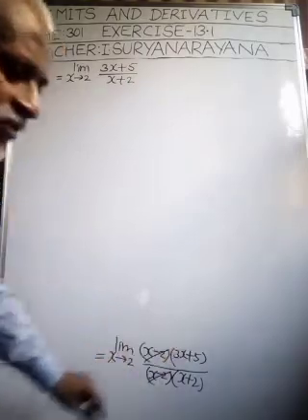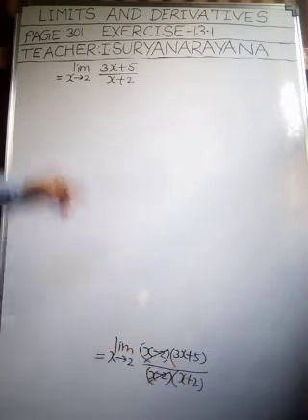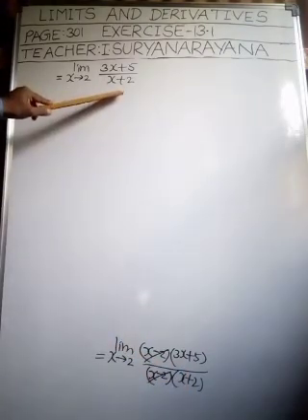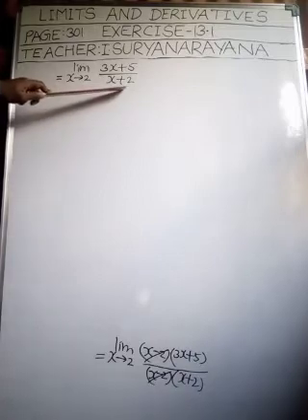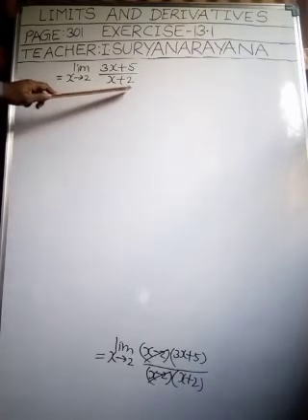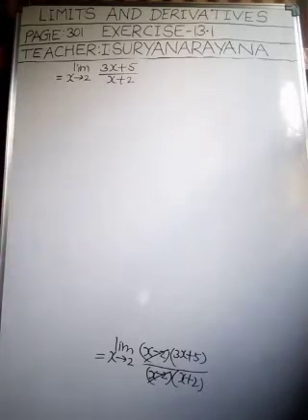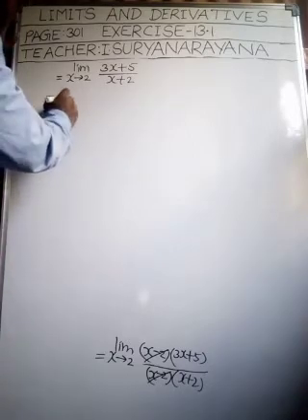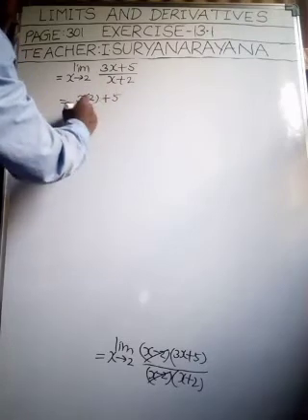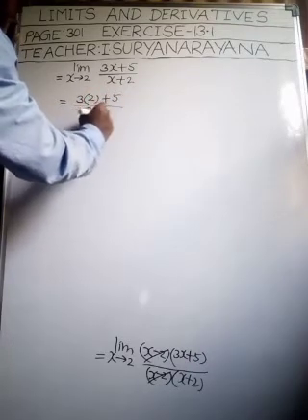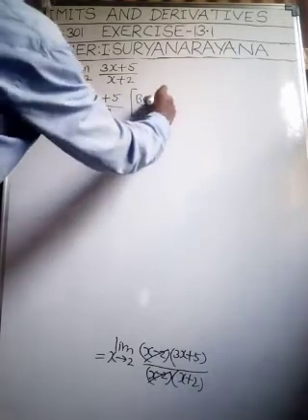Only 3x plus 5 is left in the numerator, and in the denominator only x plus 2 is left. So we wrote that part. Understood this step, my children? Right. Now in this step, we again follow the substitution method. So that is equal to 3 into 2 plus 5 by 2 plus 2.